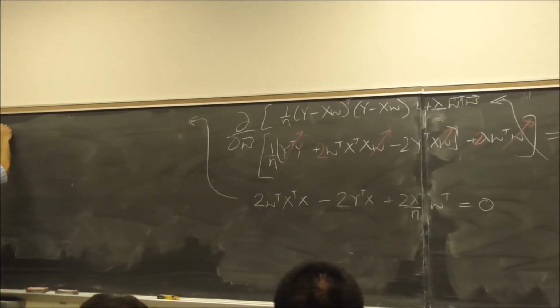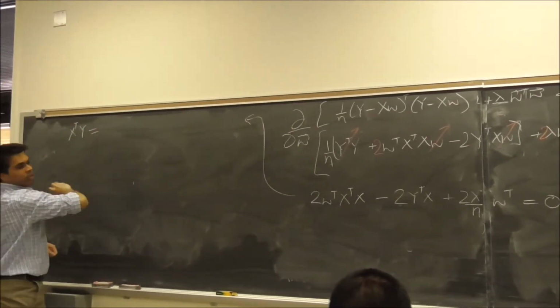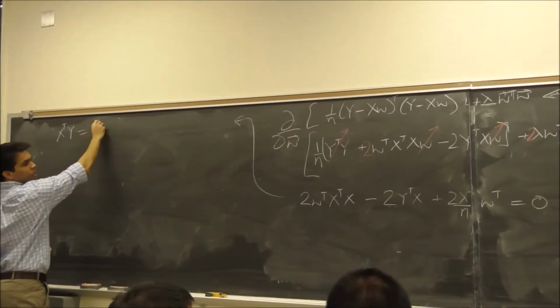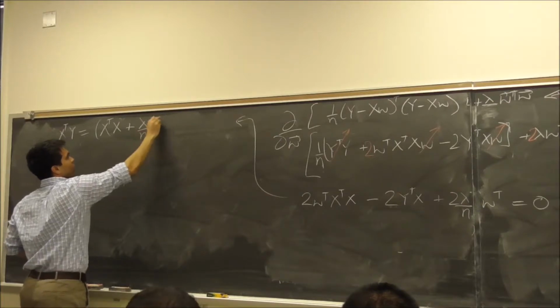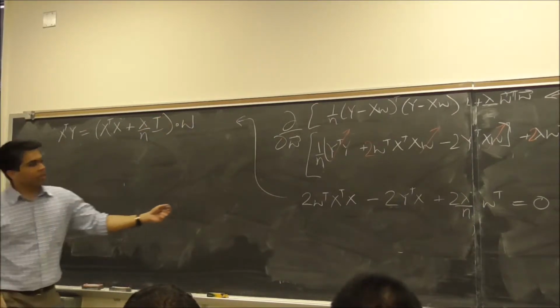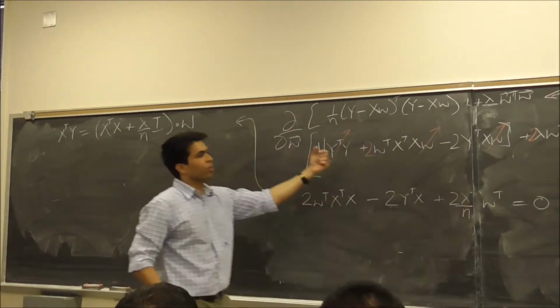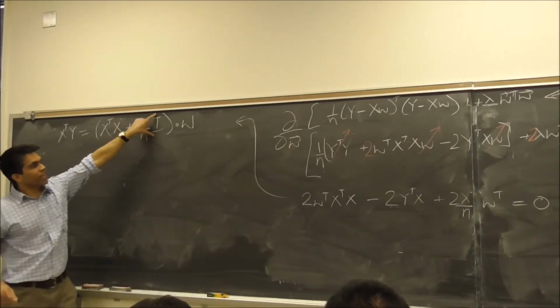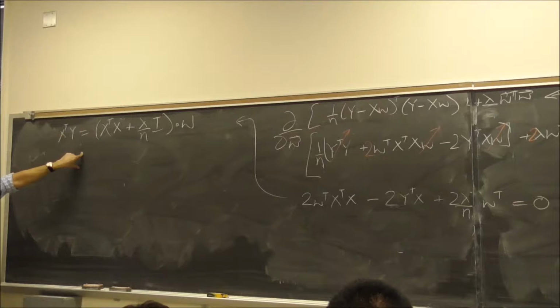That's just equal to x transpose y equals x transpose x plus lambda by n times identity, times W. This term plus this term now depends on W. There's an identity matrix to make sure I can do matrix plus.